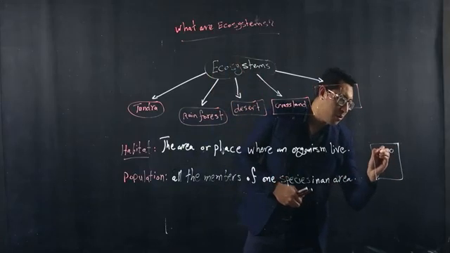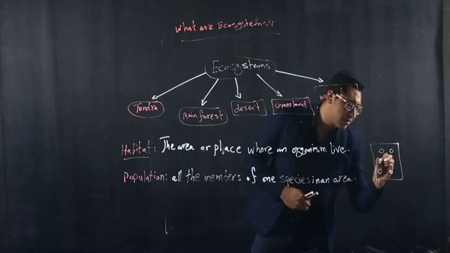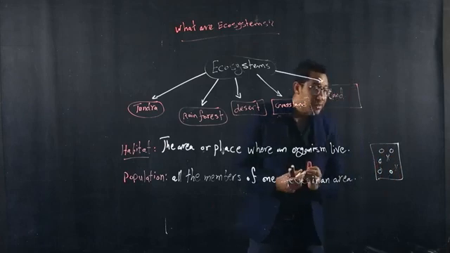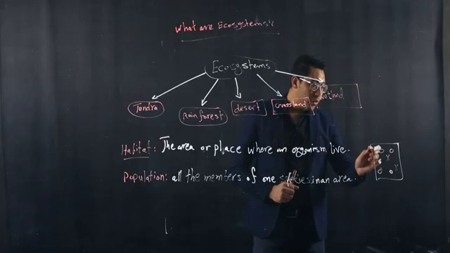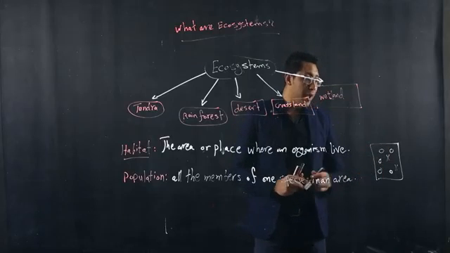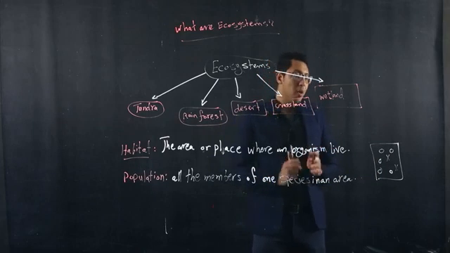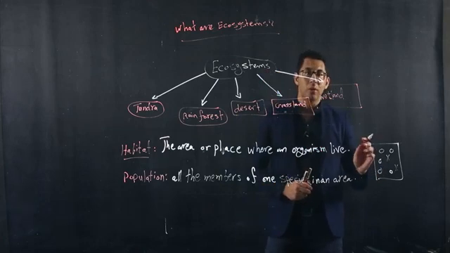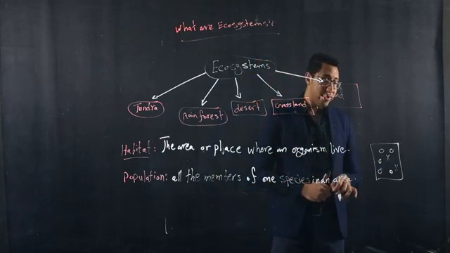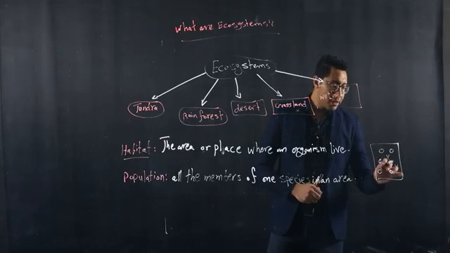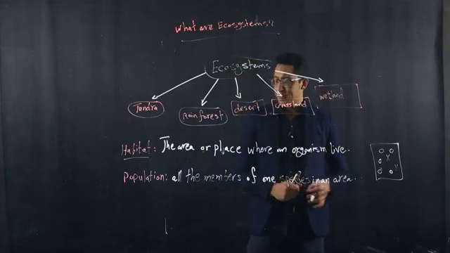I'll draw O for the number of deer and X for the number of lions. How many deer are in this area? Let's count: 1, 2, 3, 4, 5. So the population of deer in this area is 5. X refers to lions. What is the population of lions in this specific area? Let's count: 1, 2. So the population of lions in this area is 2.